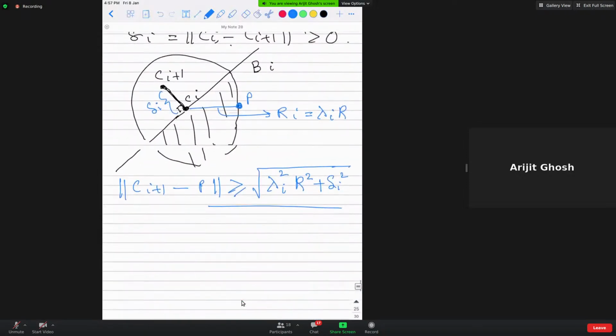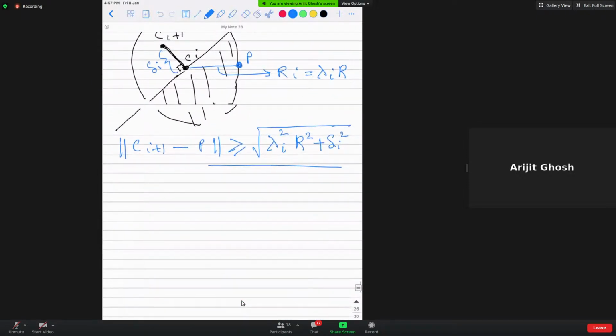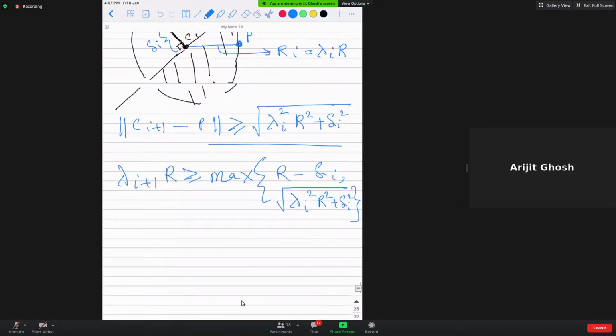So what do this equation and this equation give us? It gives us the following recurrence inequality: lambda i plus 1 R is greater than or equal to the max of R minus delta i, comma, and the square root term.